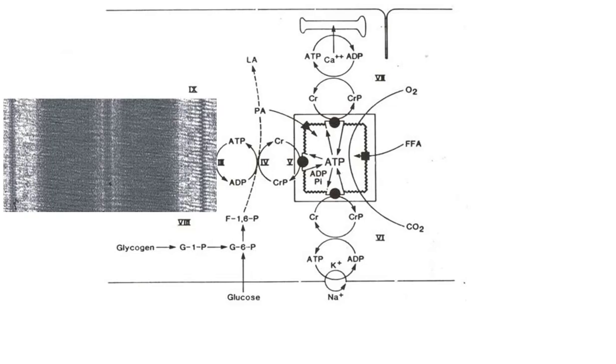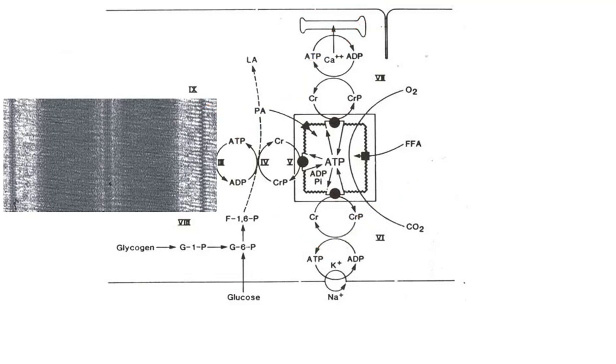ATP is hydrolyzed in the cytosol of a muscle at 3 major sites: where myosin interacts with actin, when calcium ions are pumped back into the sarcoplasmic reticulum, and when potassium ions are pumped back into the muscle fiber.